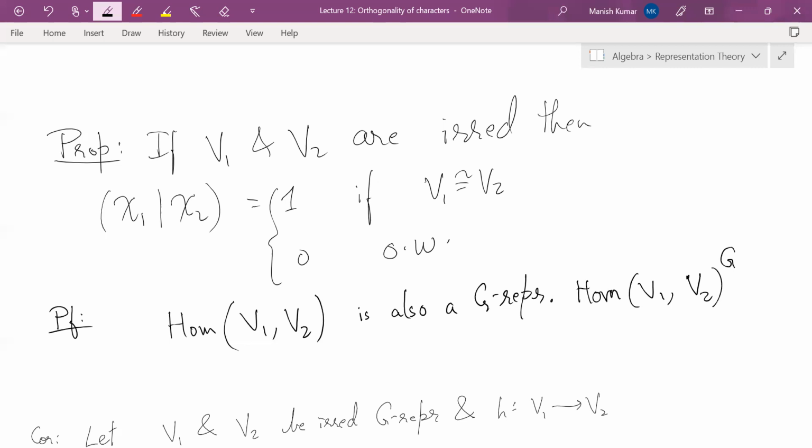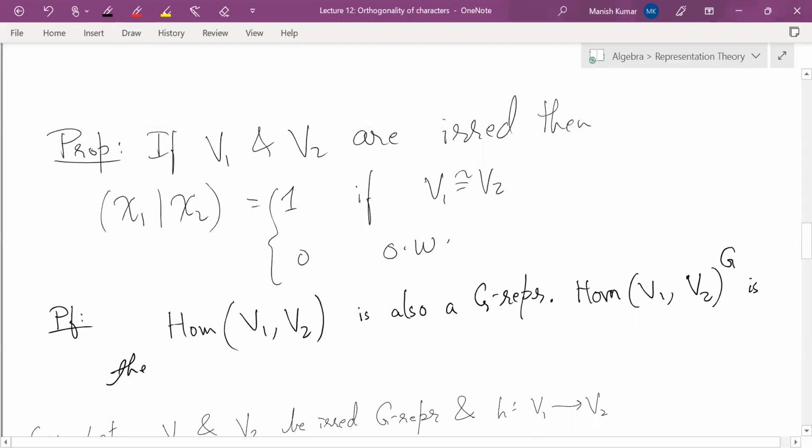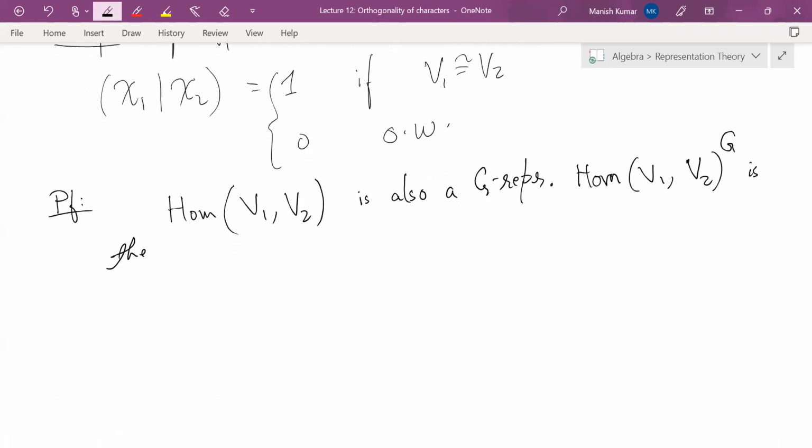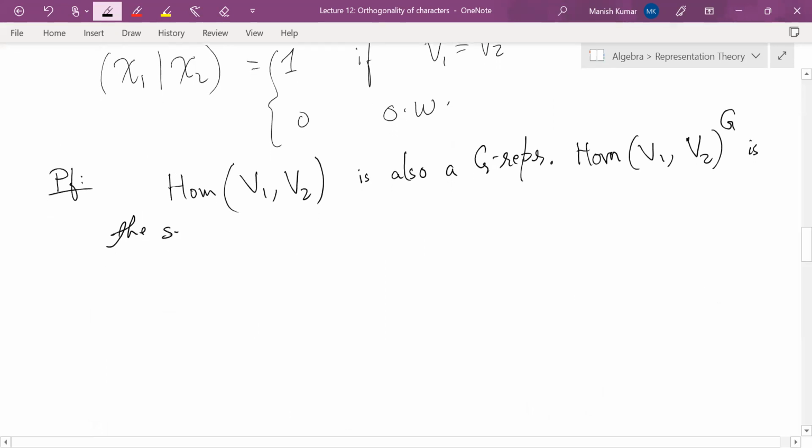This is the set of G equivariant linear maps from V1 to V2. Because this is what it means.